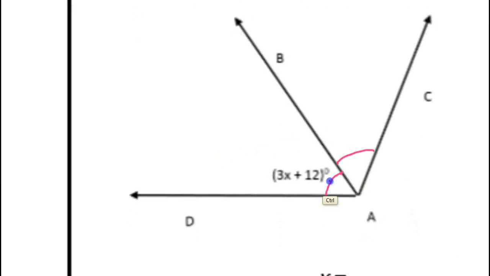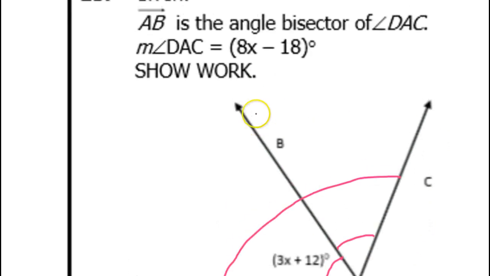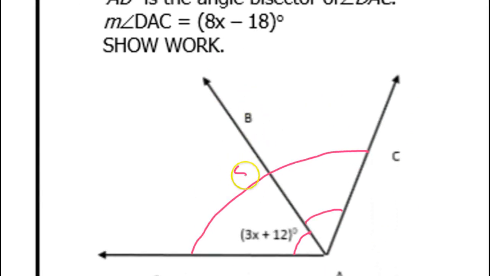So look, we have these pieces, but then we are told that the whole thing is 8x minus 18. Okay, that's the whole thing from here to here.